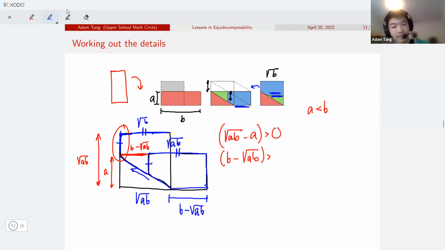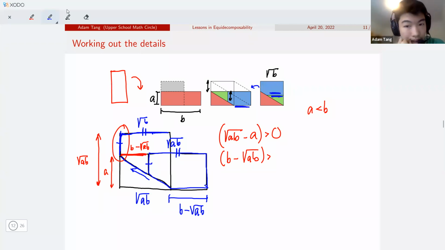So that means that we can, in fact, always do this. So these two are in fact equal. They're both B minus root AB. So when we switch them, like slide them over, these in fact will all line up.